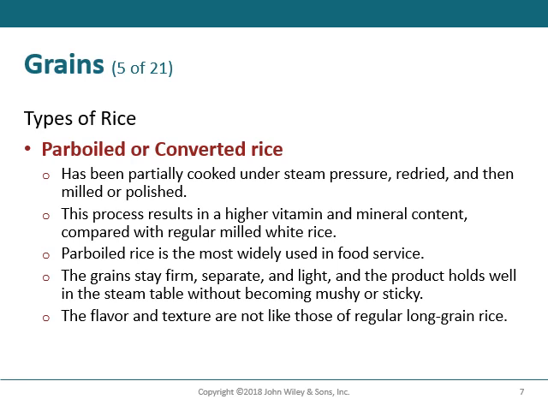So I personally am not a fan of parboiled rice, but it does hold well for long periods of time because it doesn't turn mushy. It stays kind of that firm but chewy texture.